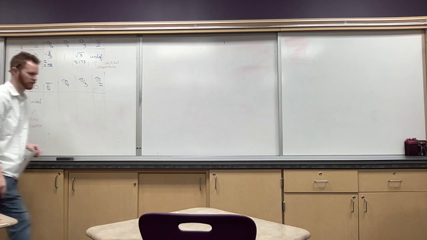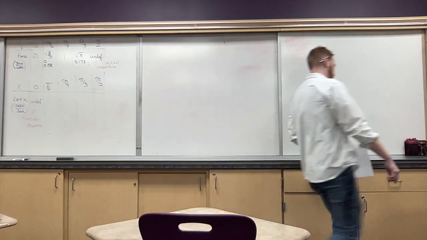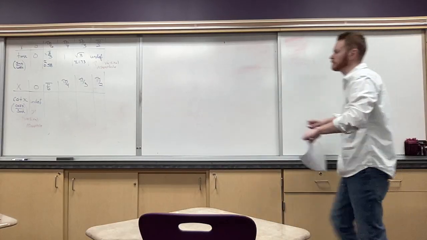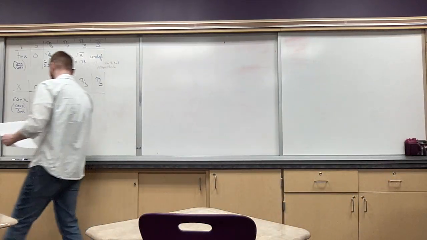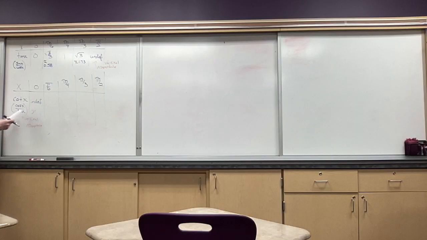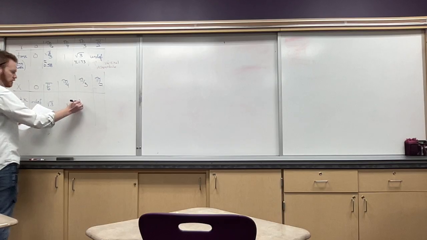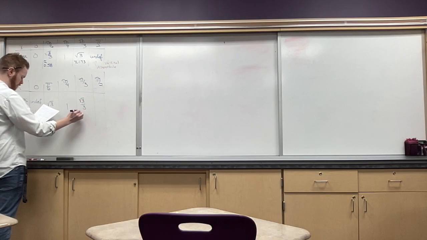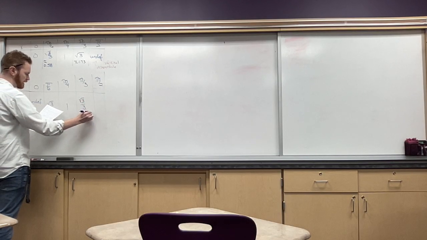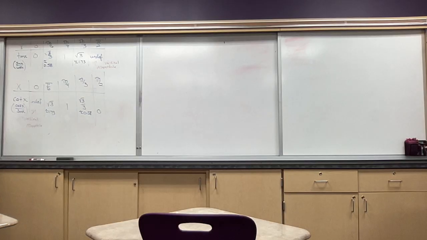Okay, next, pi over 6 would be our square root of 3, which is roughly 1.73. Then 1, then this is square root of 3 over 3, which is just 0.58 again, and then that one's 0. Okay?